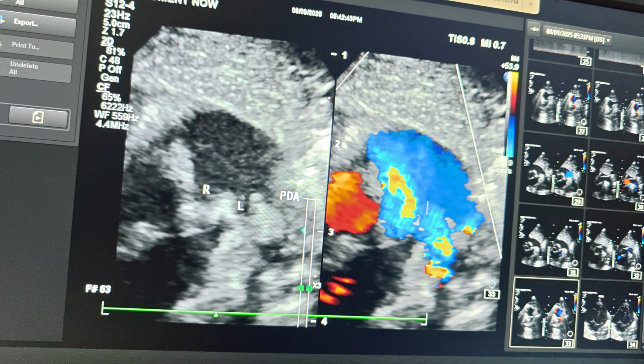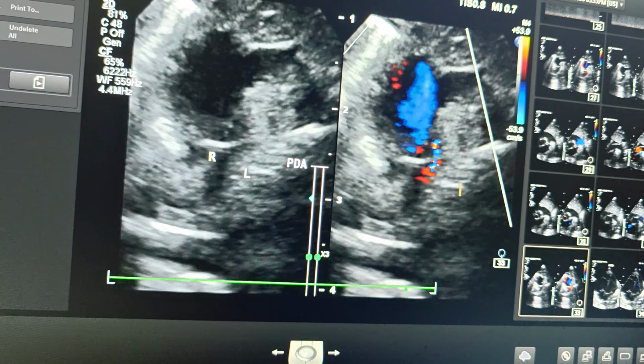The summary is this case has total anomalous pulmonary venous connection and PDA, ASD, and obstructed flow from the pulmonary venous confluence to the vena cava. This is the portion here.